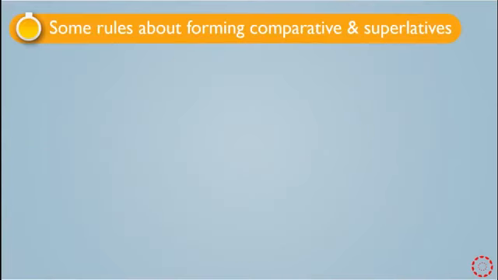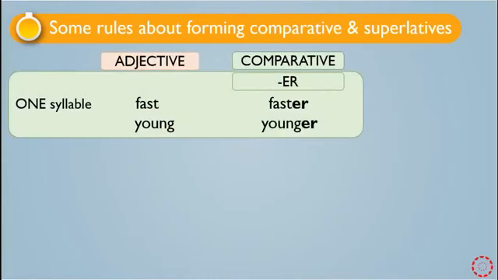Here we have some rules about forming the comparative and superlative adjectives. For one syllable adjectives, like fast and young, we make the comparative form by adding er. We say fast, faster, young, younger.